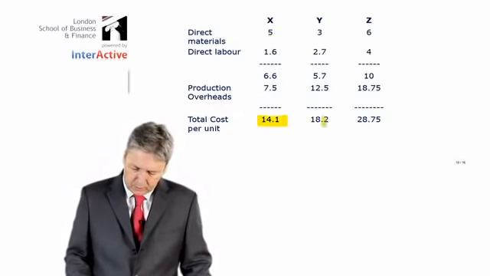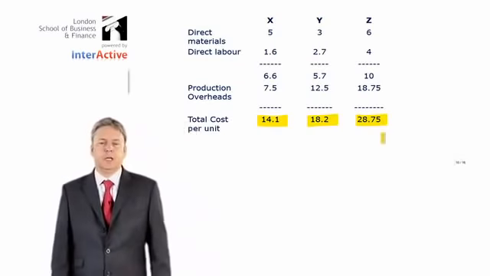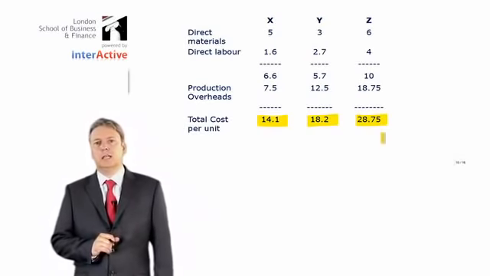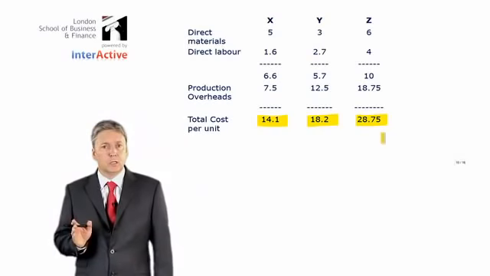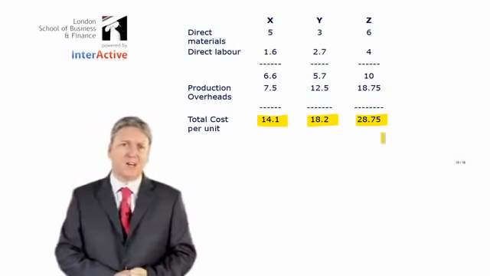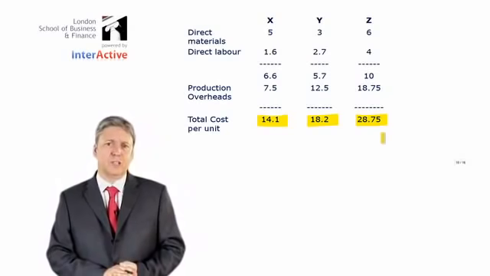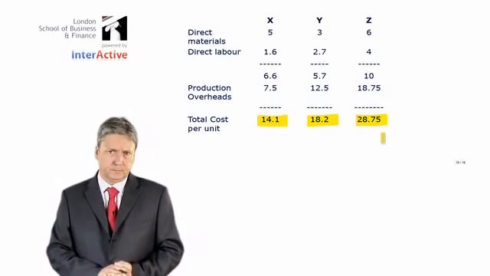Our product costs are 14.10, 18.20 and 28.75. These are the costs calculated under absorption costing. So all we can say about them is, at present, we believe that they are accurate. But deep down, we know that they're probably inaccurate because they're based on guesswork.